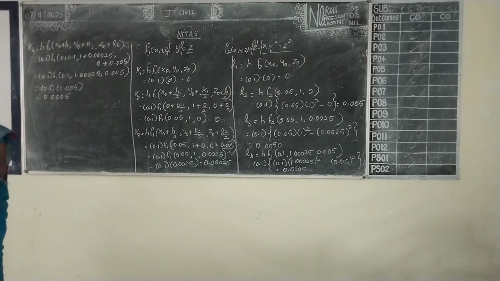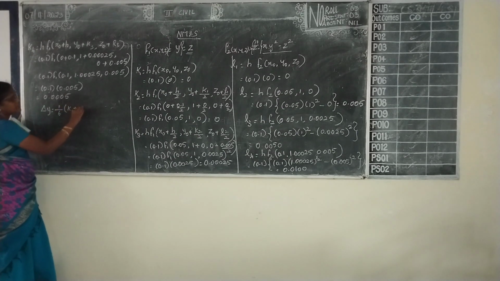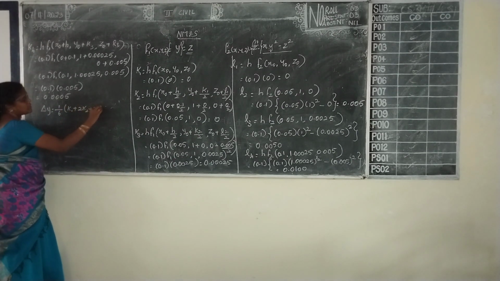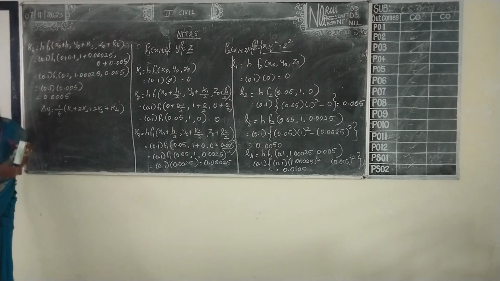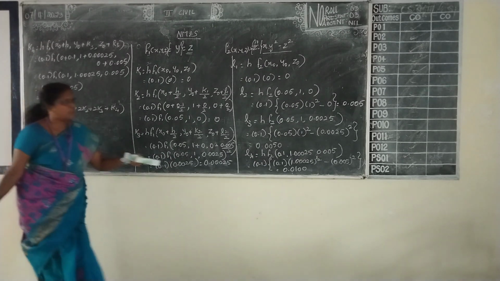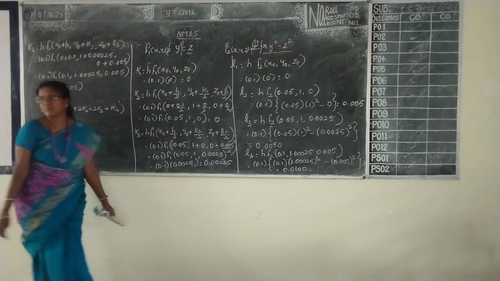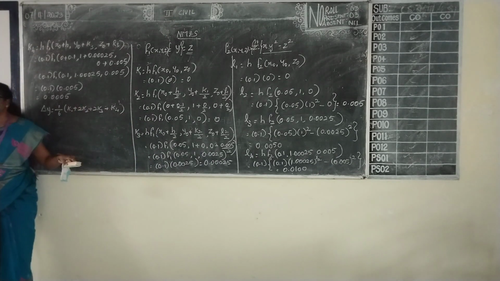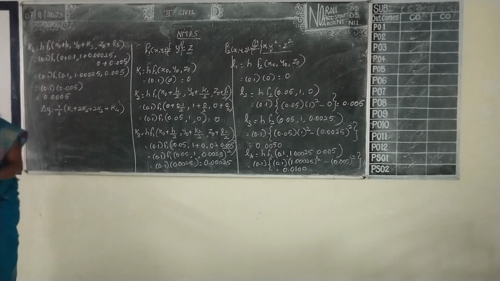So it is enough if you find del y and y value. No need to find del z and z. Find del y. So del y equals 1 by 6 of k1, 2k2, 2k3, k4. Substitute and find. Actually, in this type of problem, if you don't find L4 also no problem, because we are not going to make use of L4.